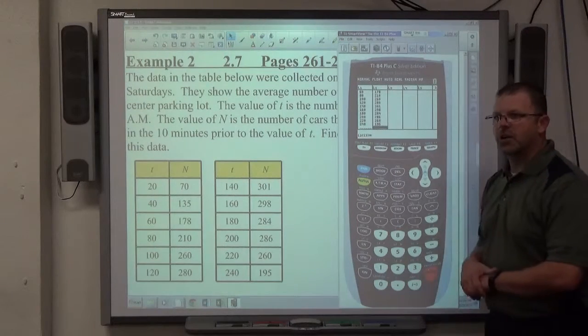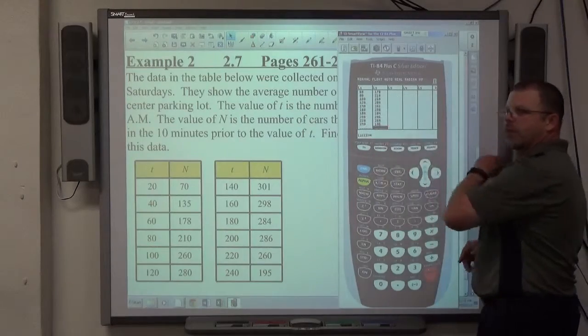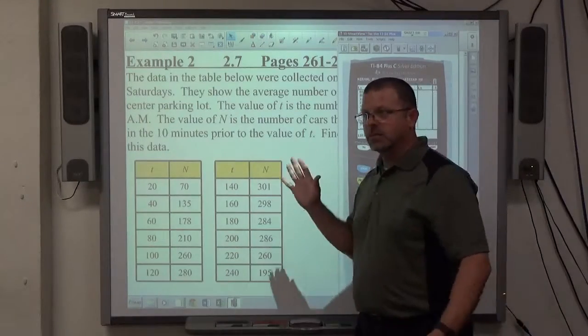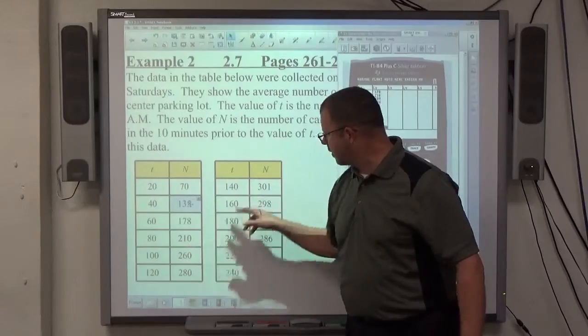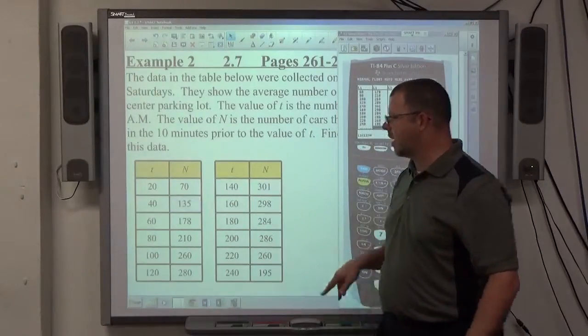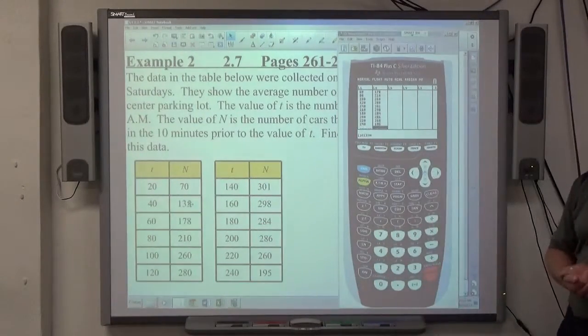Okay, checked each number individually as typed in. I've got 12 numbers in both lists, so both my lists are the same length: 1, 2, 3, 4, 5, 6, 7, 8, 9, 10, 11, 12 numbers in my data fields there. So everything's typed in correctly.